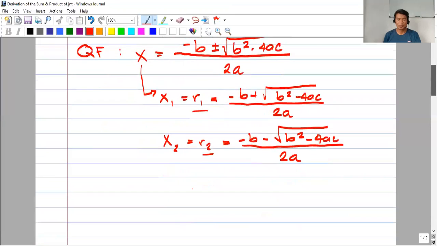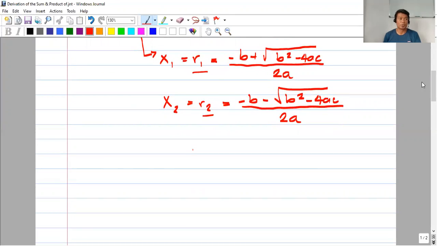Okay, so with these two distinct roots of a given quadratic equation, we can derive the sum of the two roots. So we have r1 plus r2.